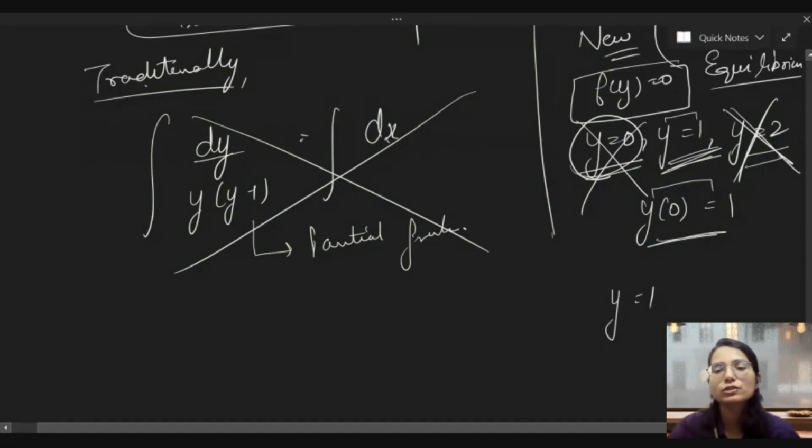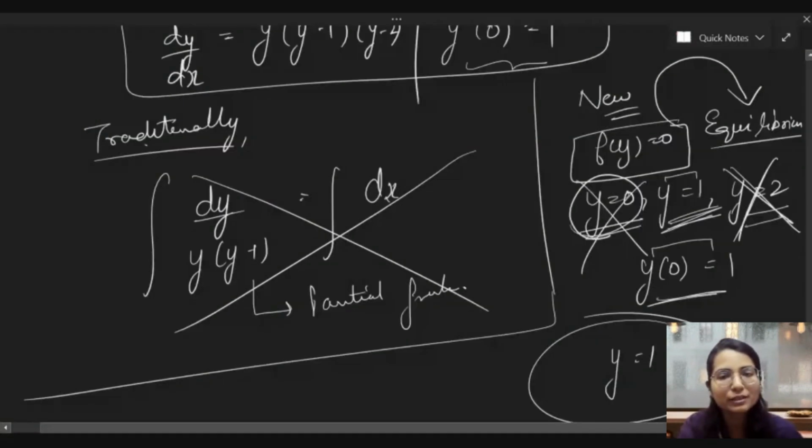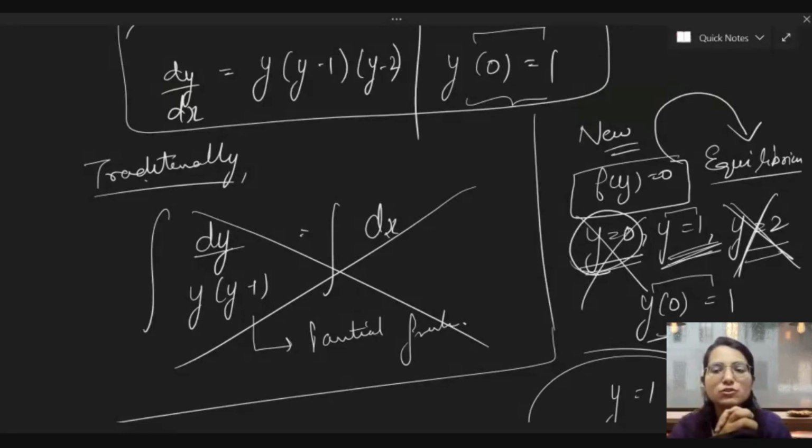Will it be the solution? It will be the solution, and I can prove it to you. Until now you were not satisfied that y equal to 1 is the solution, but now I can prove it to you with the help of the uniqueness and existence theorem.